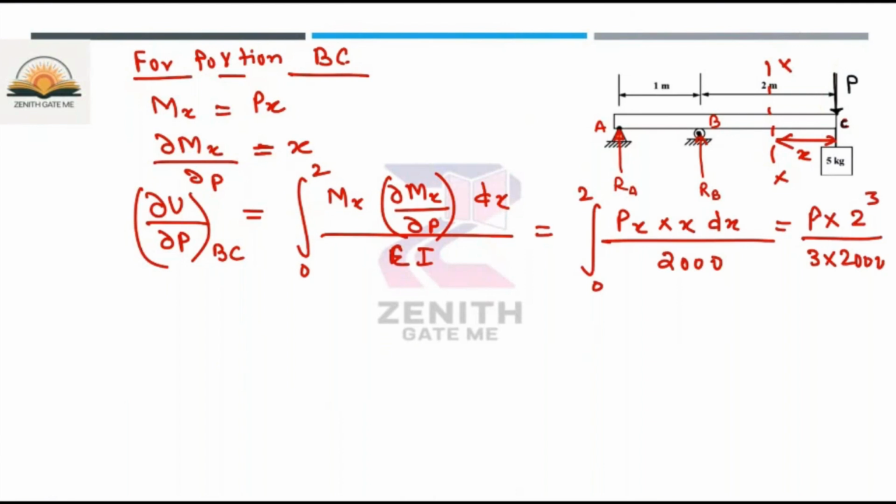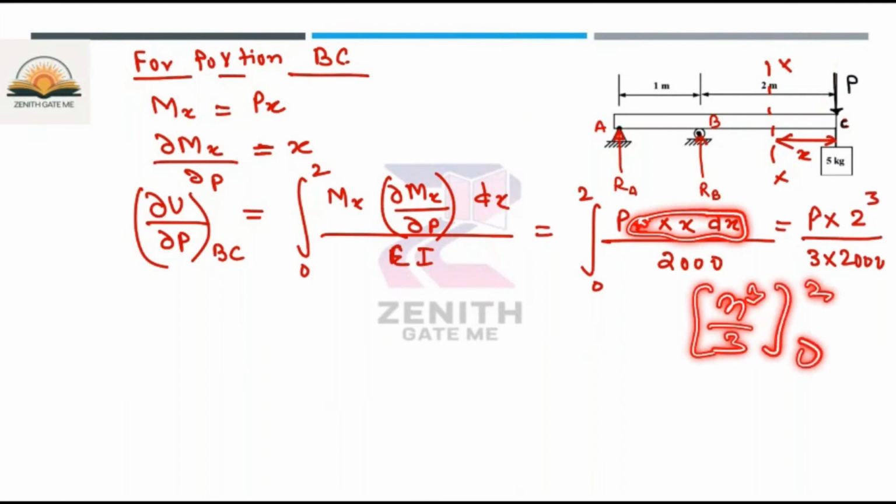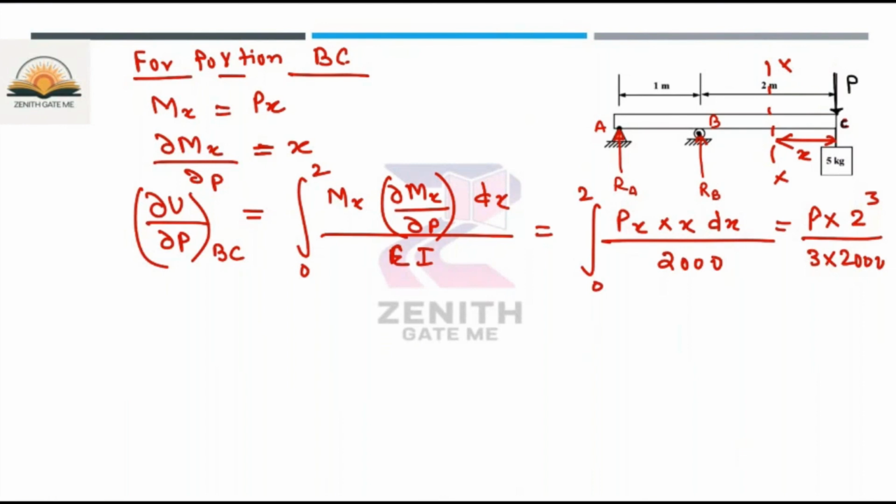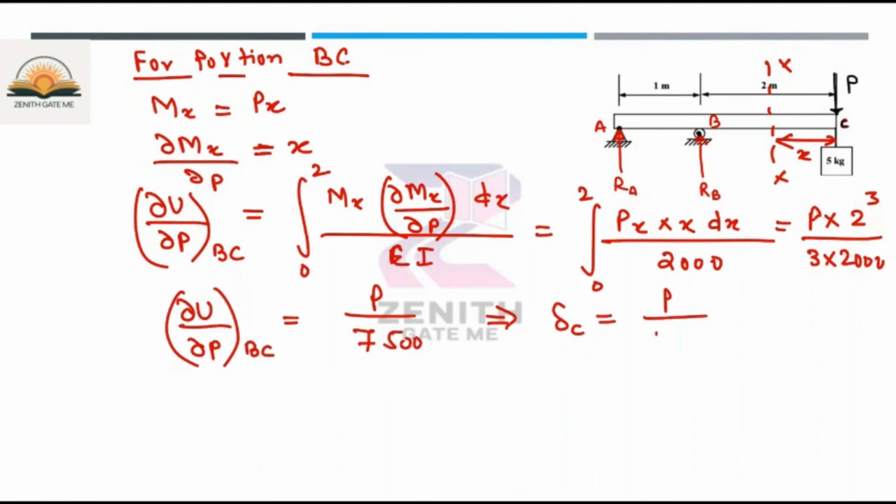So you just take x square dx integration as x cubed by 3 and put the upper limit as 2 cubed by 3 and lower limit is 0. So 2 cubed by 3 is this one, and this is P and this 2000 will be here. Fine. Now the partial differentiation of strain energy for the portion BC is nothing but P divided by 7500.